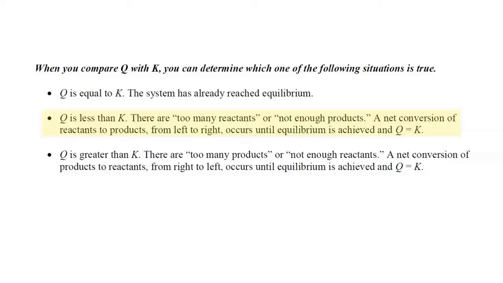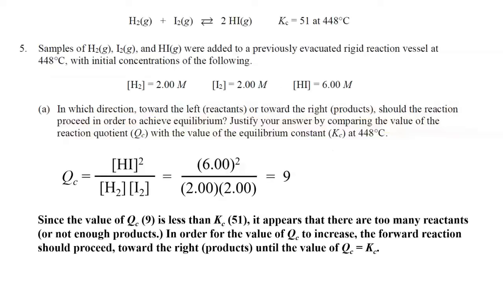A net conversion from left to right, from reactants to products, will occur until eventually equilibrium is achieved and Q equals K. So now that we know that we're going to go from left to right because Q, 9, is less than K, 51. Again, it appears that there are either too many reactants or not enough products. In order for the value of Q to increase, the forward reaction from left to right, from reactants to products, will proceed until eventually the value of Q will be equal to K at equilibrium.